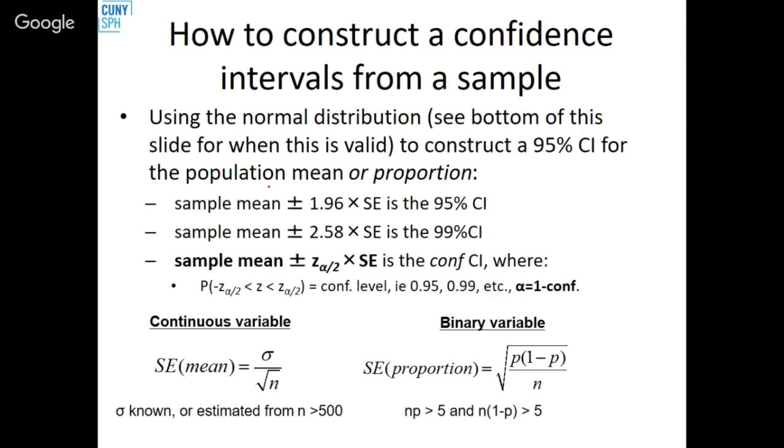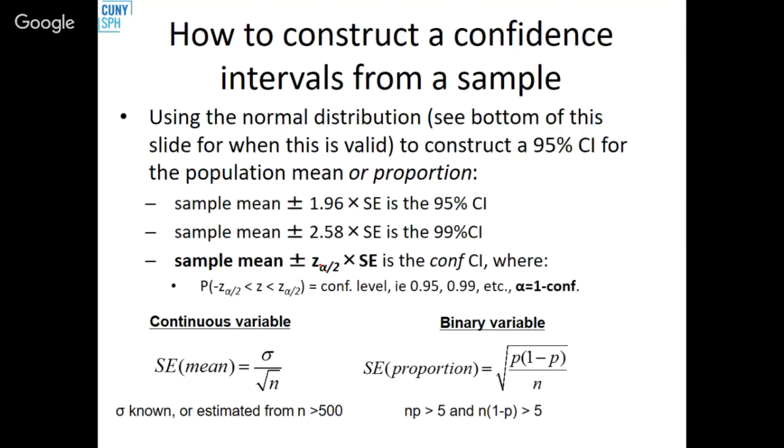So all we have to do, if we're able to use the normal distribution, is take that sample mean, and the margin of error is just 1.96 times the standard error. Or in general, the z-score for alpha over 2 for any other confidence interval.